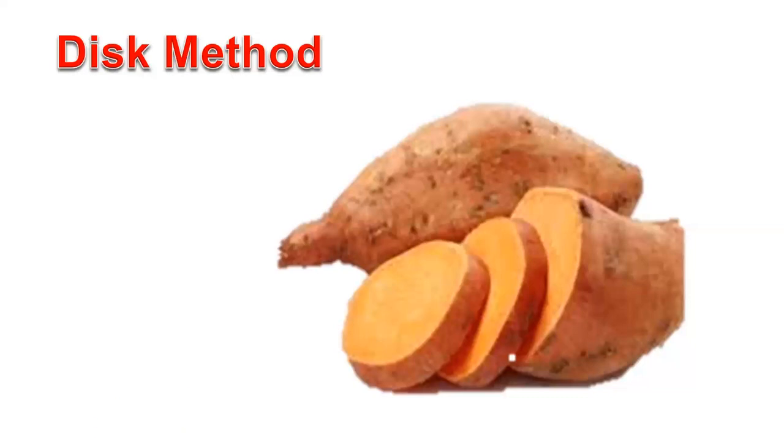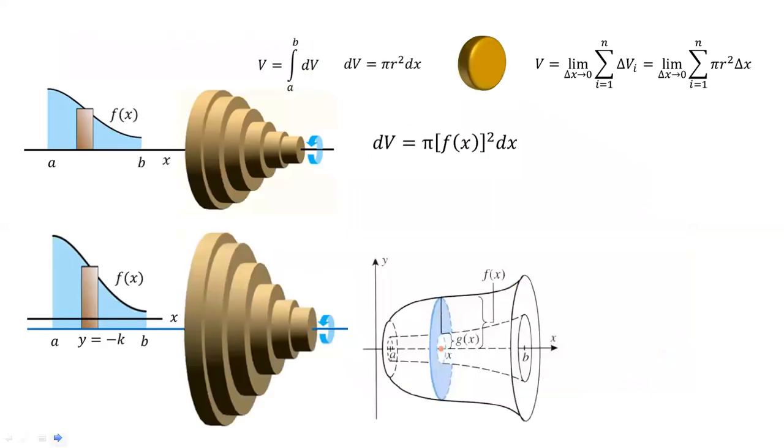But what is really the disc method? So imagine this is the area in question. Let's say if you cut your potato in a cross section, you'll divide it into, for example, 4 quarters. This would be one face of that quarter.